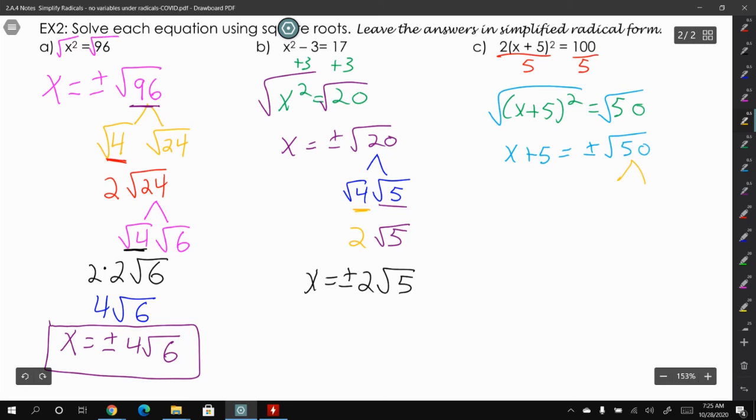So let's break this up into the square root of 25 times the square root of 2. So x plus 5 equals the square root of 25 is 5 and the square root of 2. So now I can subtract 5 from both sides.